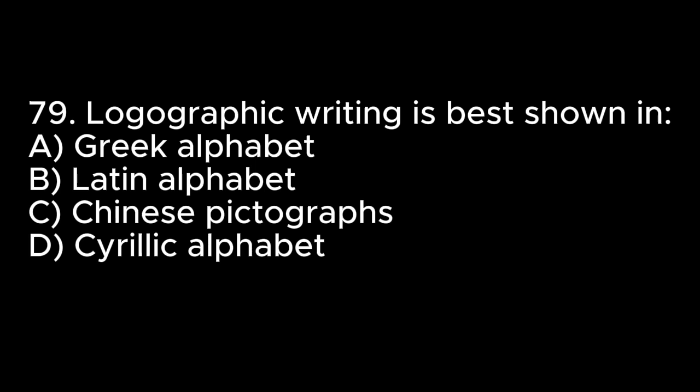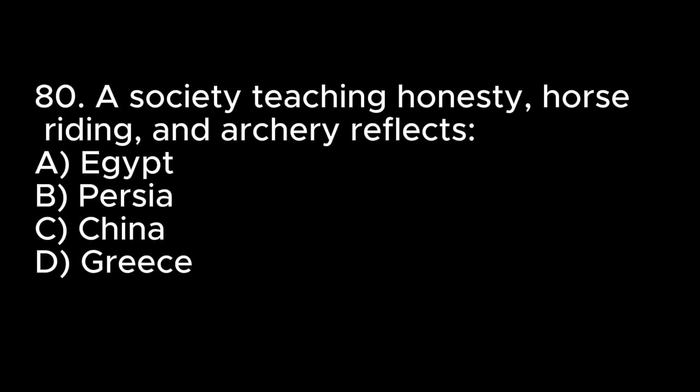D. Cyrillic alphabet. Answer: C. Chinese characters represent words and ideas. 80. A society teaching honesty, horse riding and archery reflects A. Egypt. B. Persia. C. China. D. Greece. Answer: B. Persian culture valued honesty and horsemanship.